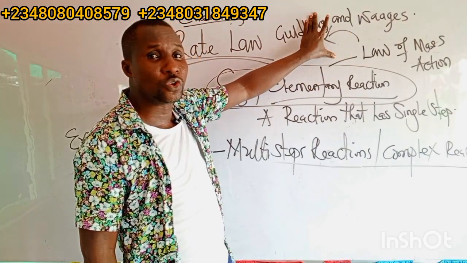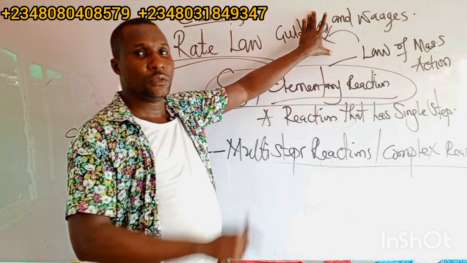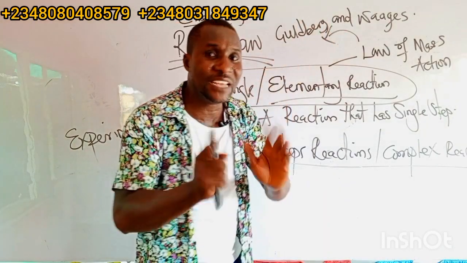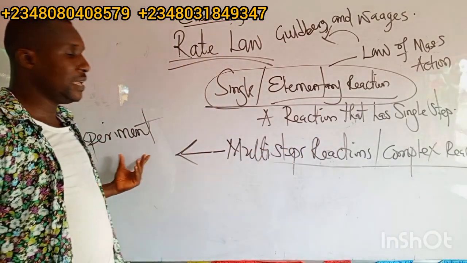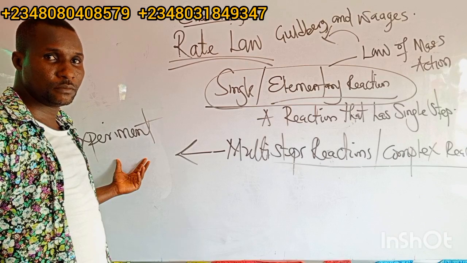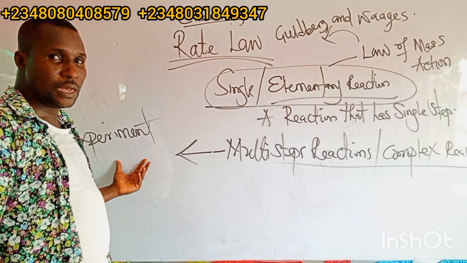This can be used to determine rate law for an elementary reaction. But for a complex reaction, it is through experiment.